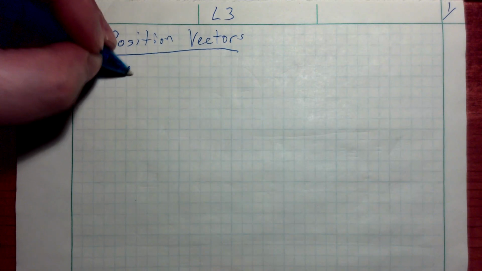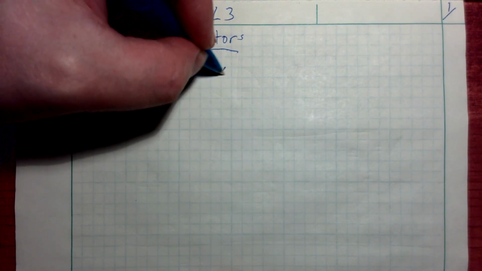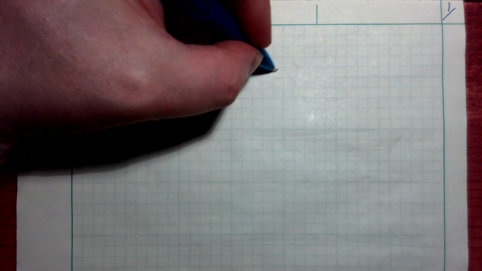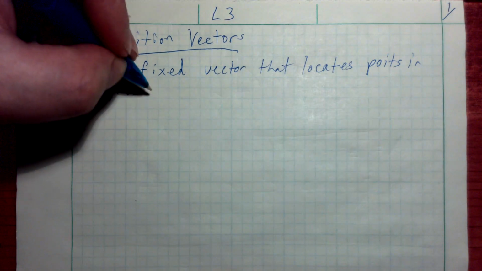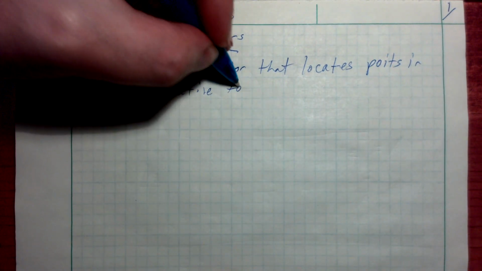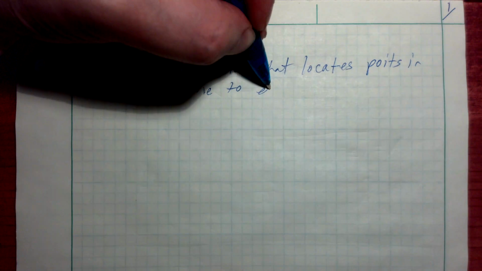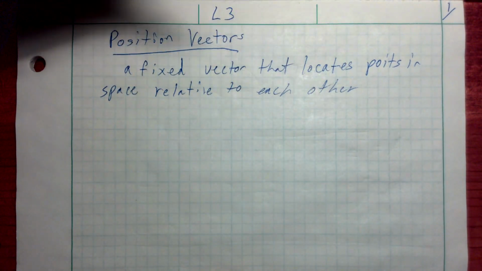So a position vector is a fixed vector that locates points in space relative to each other.